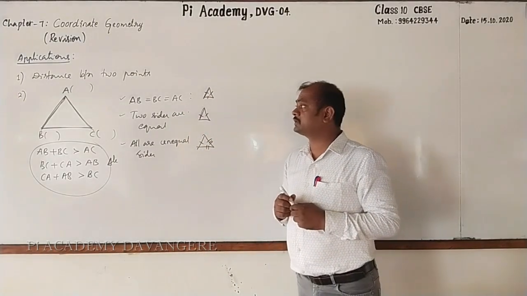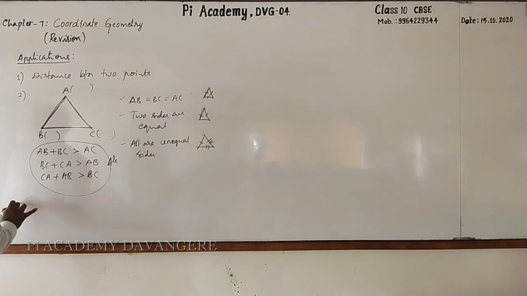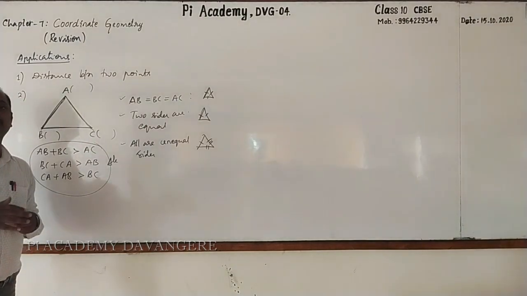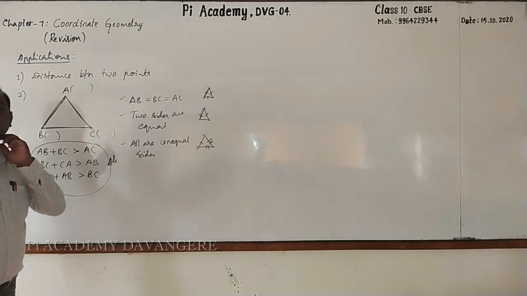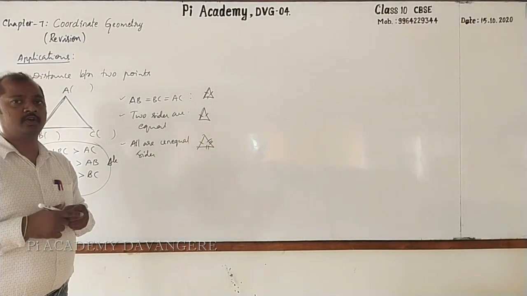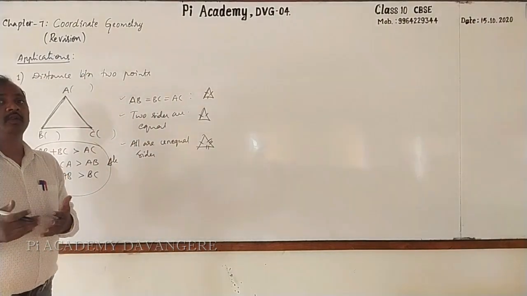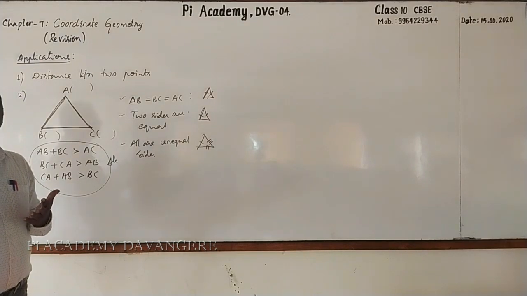Third application is when 4 points are given. When 4 points are given, you can check what type of quadrilateral it is. We know that when 4 points are joined, we get a polygon that is called a quadrilateral. If it is a quadrilateral, what type of quadrilateral is it?